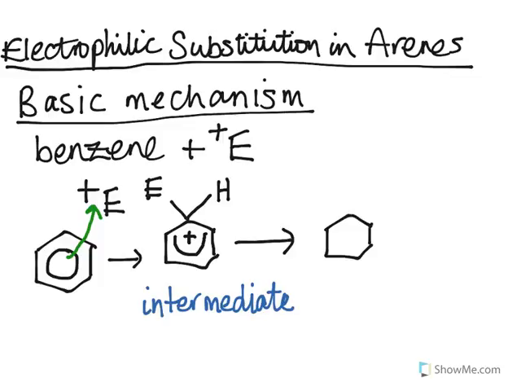So what happens after this intermediate is the electrons from the hydrogen go back into the delocalized structure, giving us back the arene structure, the delocalized structure of the ring. The electrophile is still attached, and we have lost H+ from the ring.